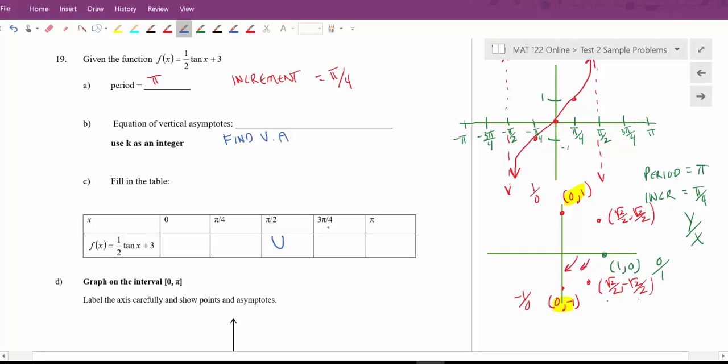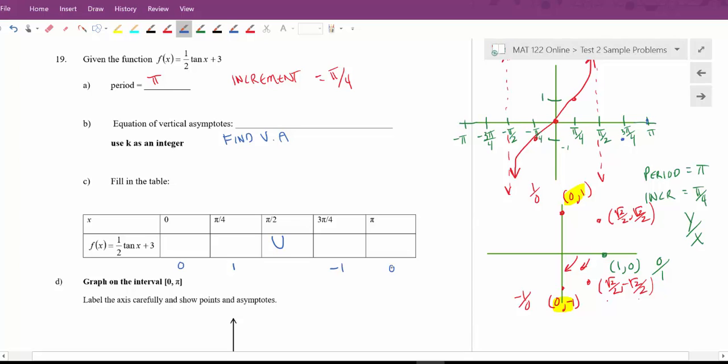Now, if you look at pi over 4, the tangent had a value of 1. And at 0, the tangent had a value of 0. If we went further out, 3 pi over 4 would have a y value of negative 1, and pi would have 0.